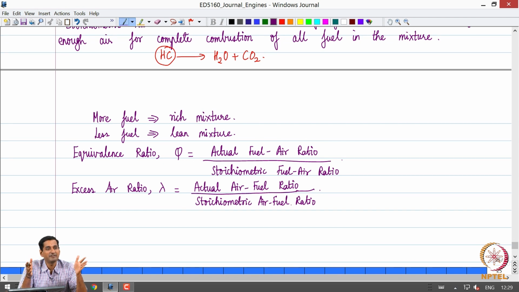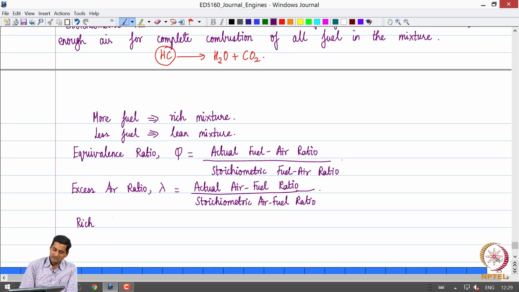So, some people find it convenient to say 15:1 or 14.2:1, rather than saying 1 by 15, which goes into some decimal places. People find it more convenient to state the air fuel ratio, but both are the same, it is just a matter of convenience.